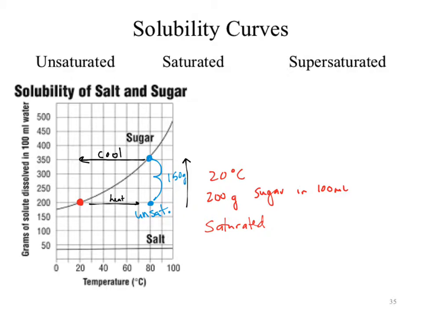If I am incredibly lucky in how this system worked out, what happens? We'll address that in a second. Okay? In that cooling process, I now have all of that sugar still dissolved. I'm above my saturation limit though, which means I am now supersaturated.